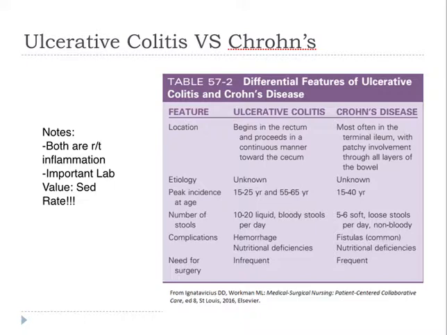Now, that's not to say they can't have pain in other quadrants, but those are the common locations. Both of these conditions, we're going to try to control the level of inflammation, decrease any diarrhea, and then treat pain. So that's pretty much in a nutshell what they have in common and what they have differently.